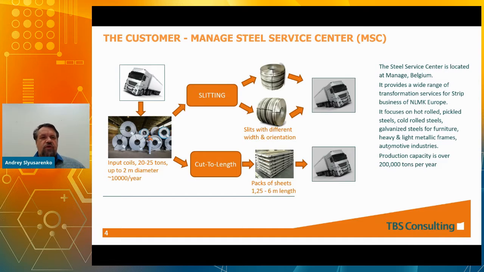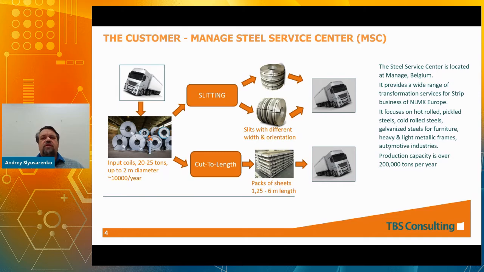And the second way, you can unroll these coils. Just imagine that it has a huge potential energy and is rather dangerous because it can unroll suddenly. And so you cut to length and create packs of steel sheets that can be up to 6 meters in length. And this is shipped to the end customers.